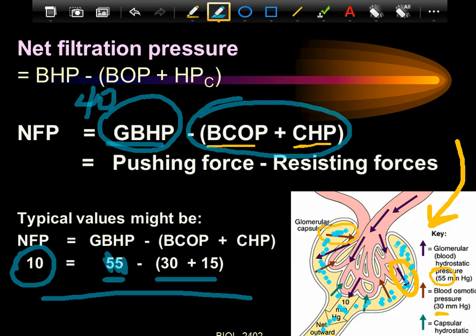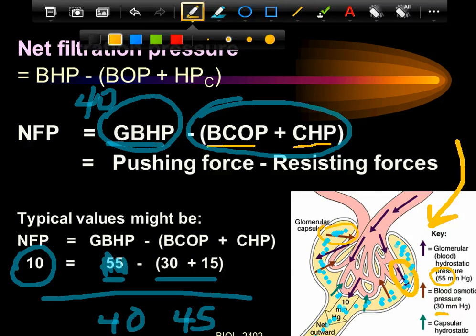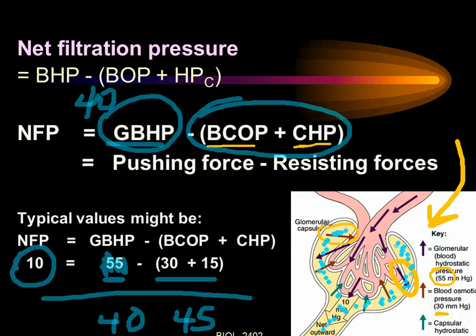So if instead of 55 you get 40, and remember that the inward force is 45, what's going to happen? You're not going to be making any filtrate. You're not going to be making any urine. So obviously blood pressure can have an effect. The other thing that can happen is you could have a change in blood osmotic pressure.